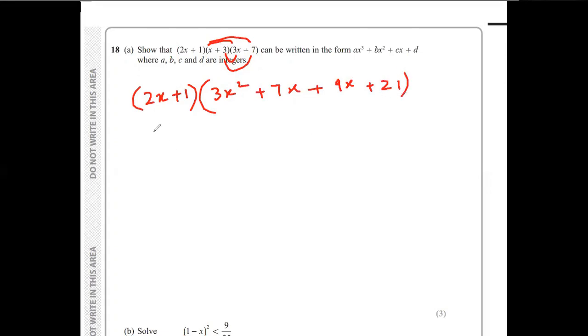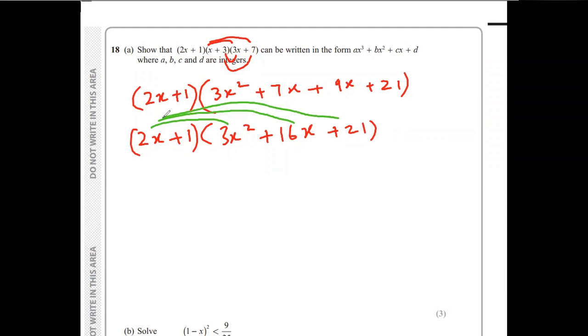Thank you. And I think in the next step, we should simplify the middle term. If we simplify that, what will we get? 3x squared plus 16x plus 21. And now what we need to do is multiply 2x by 3x squared, then 16x, and then 21, and then 1 times 3x squared, then 1 times 16x, and then 1 times 21.